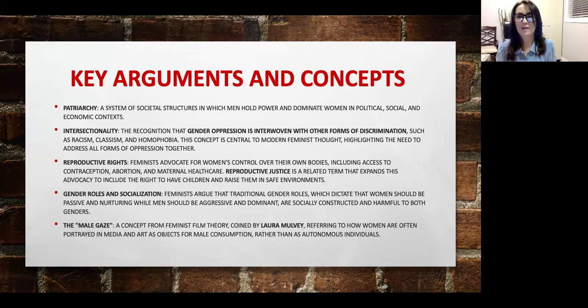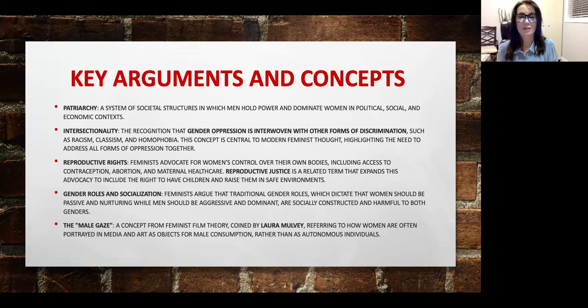Another argument is intersectionality, the recognition that gender oppression is interwoven with other forms of discrimination, such as racism, classism, homophobia, and all other things. This concept is central to modern feminist thought, highlighting the need to address all forms of oppression altogether.